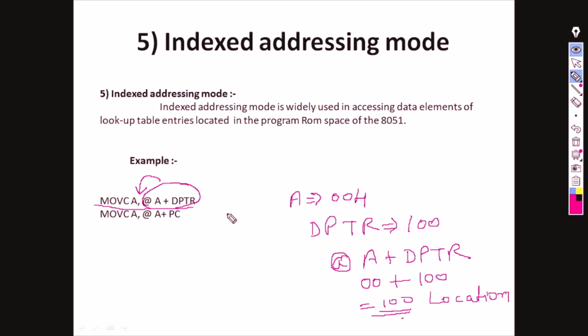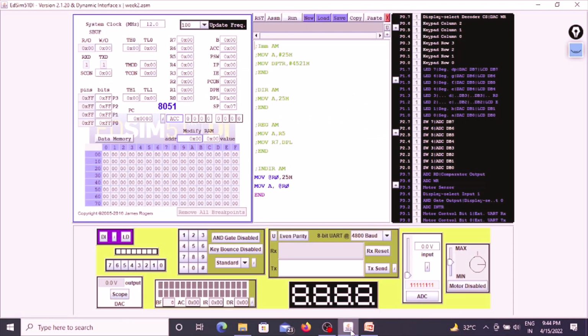Now let's see a practical example related to these addressing modes. First of all, we want to see the immediate addressing mode. Comment out all the instructions and uncomment the immediate instructions only. You can see there are 3 lines.